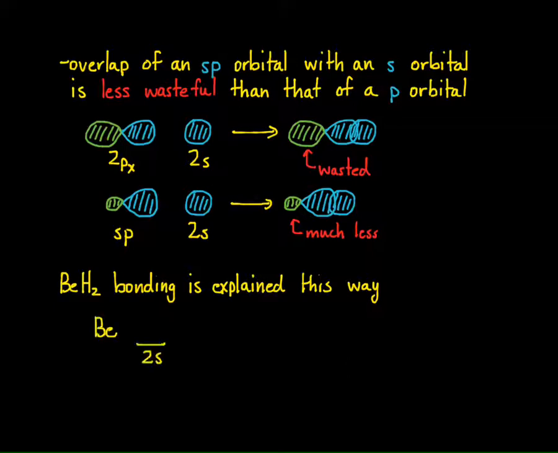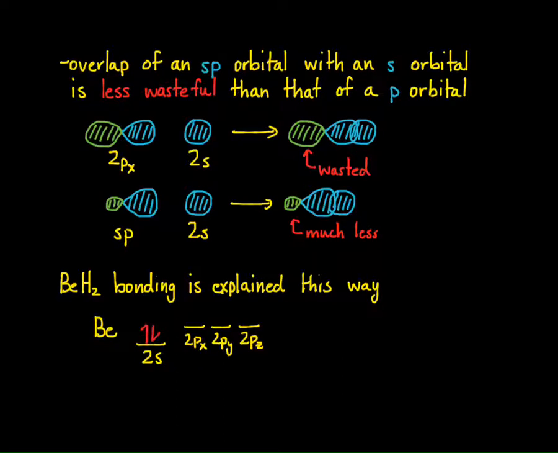Why? Well, if again we think about the atomic structure of beryllium, we have a 2s orbital and the three 2p orbitals, and beryllium has 2 valence electrons, and therefore those 2 electrons reside in the 2s orbital.